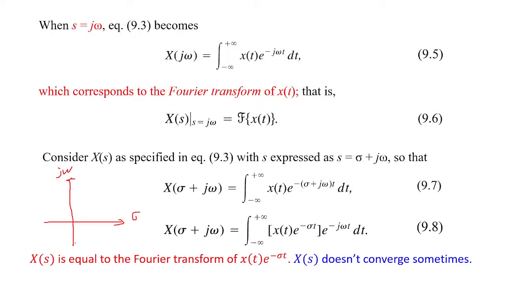The sigma equals 0 axis of big X is the Fourier transform. And for different sigma, you have this different strip of e to the minus sigma t, and they will correspond to the Fourier transform of those different x of t times e to the minus sigma t.